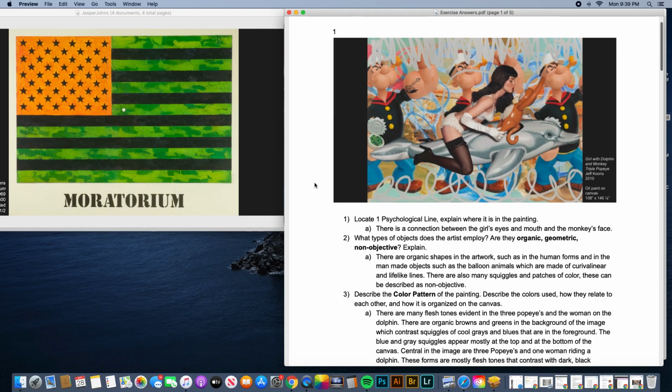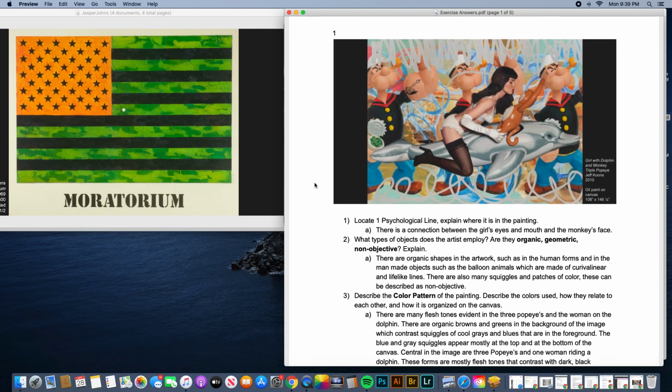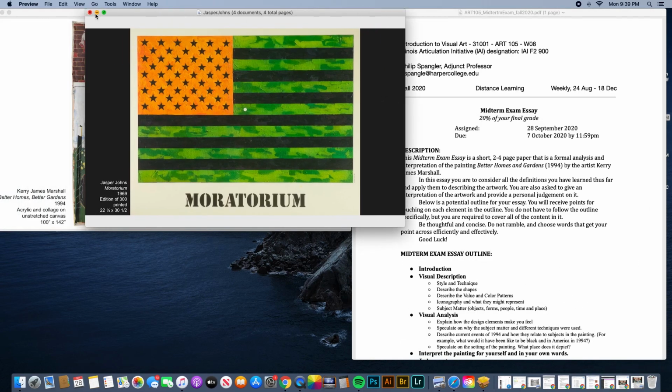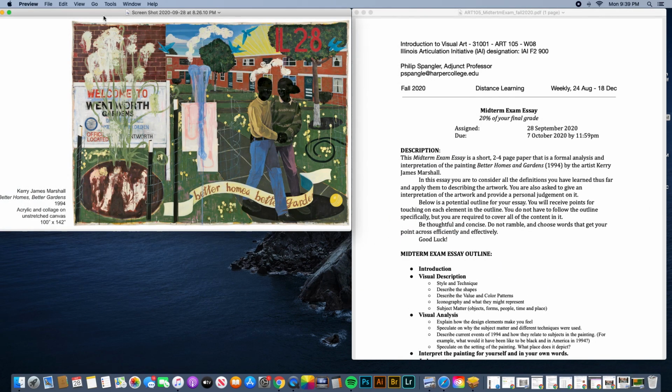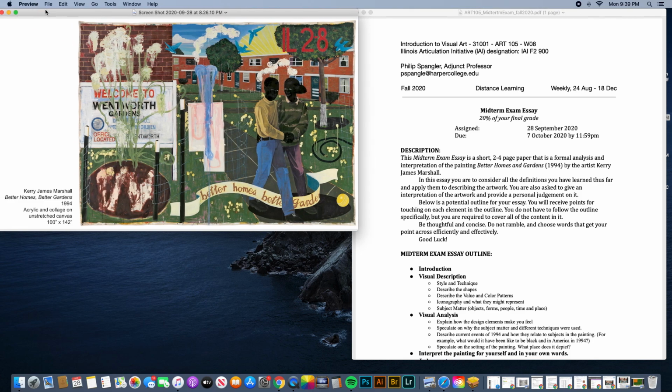So that is the review for the exercises, and that is essentially the review for your upcoming midterm exam. Now, I just so happen to have the midterm exam pulled up right now. You'll be talking about this artwork called Better Homes, Better Gardens by the artist Kerry James Marshall, painted in 1994, acrylic and collage on unstretched canvas, 100 inches by 142 inches.